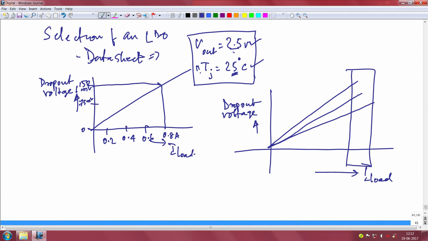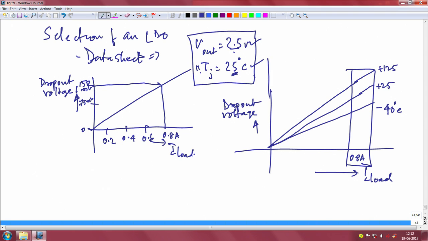Okay. Let us say that this region is the 0.8 amps. Now, this is minus 40 degrees, this is plus 25 and this is plus 125.